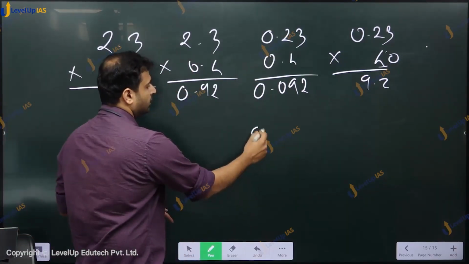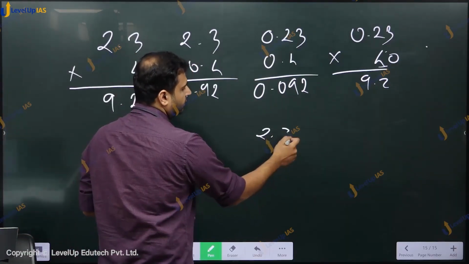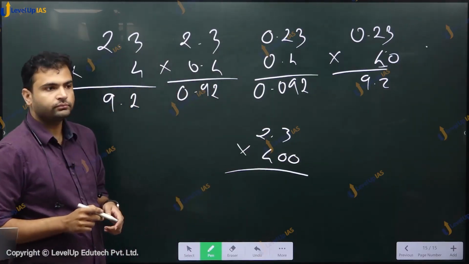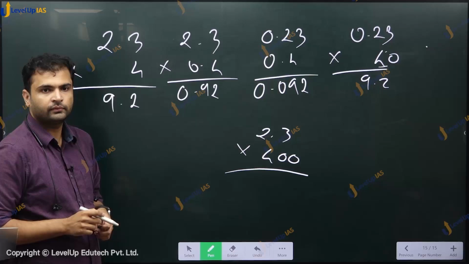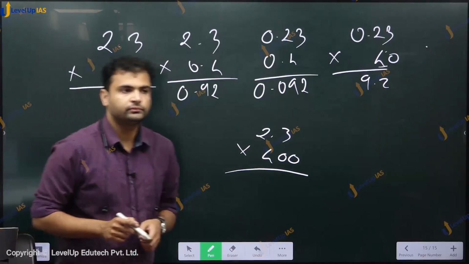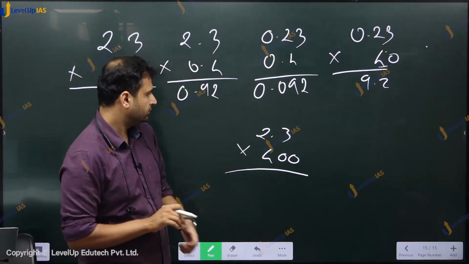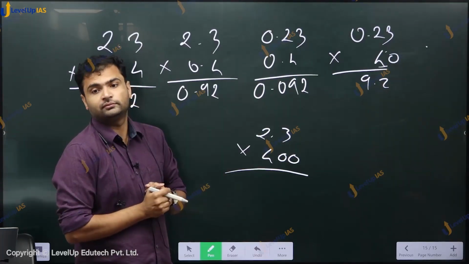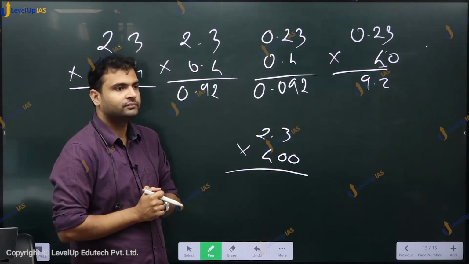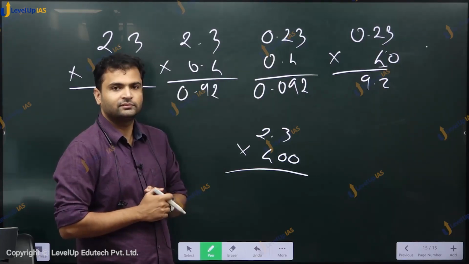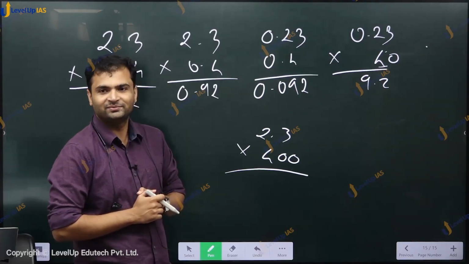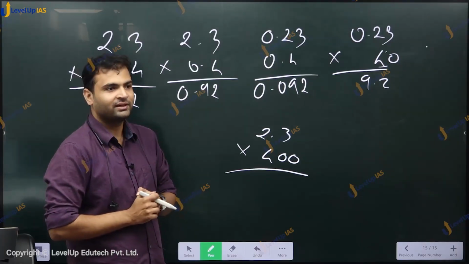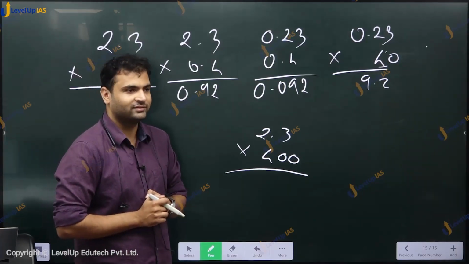Then 2.3 into 400. बताओ, 92 की 920? 920.